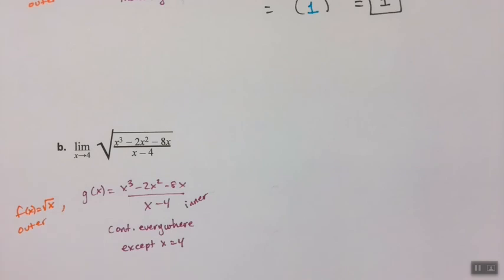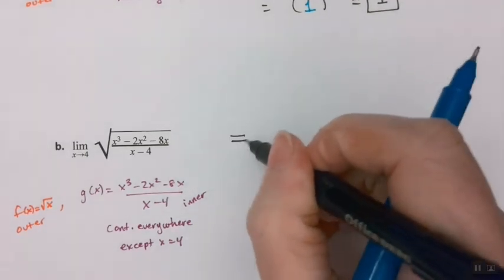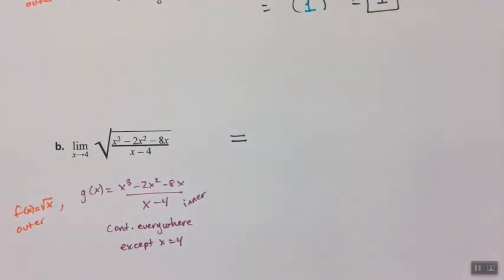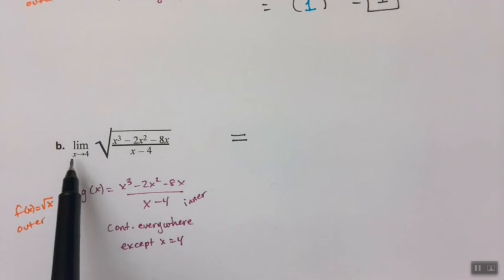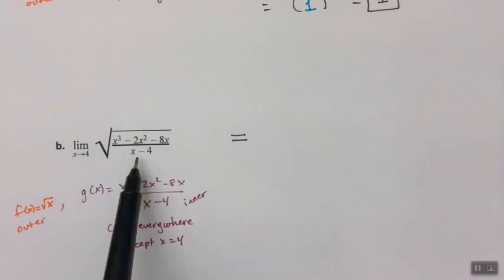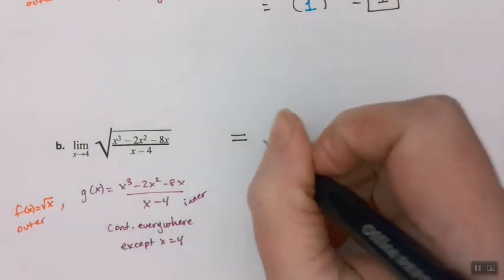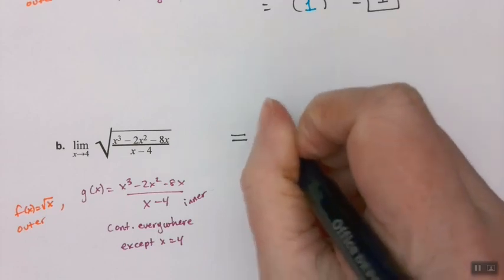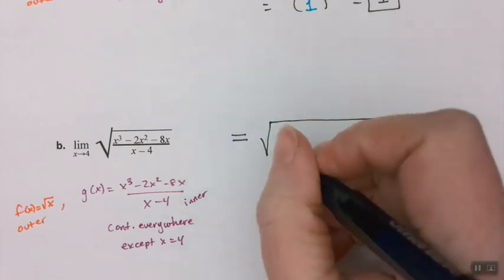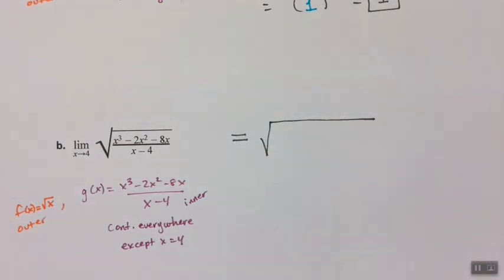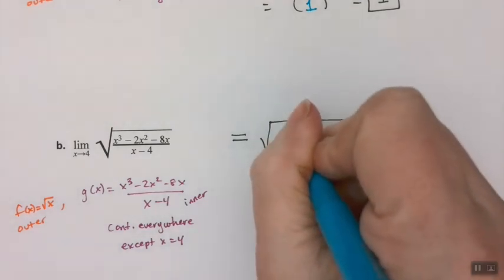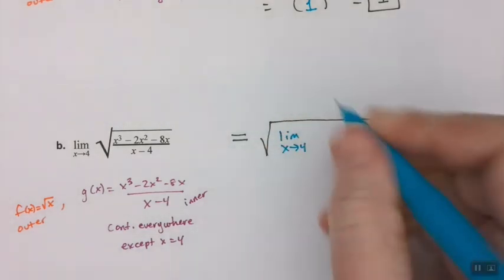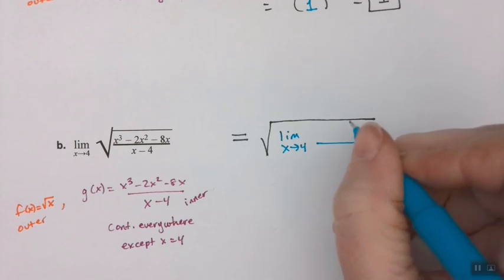So according to our theorem, instead of taking the limit as x goes to 4 of f of g of x, I can take the square root, there's my outer function, of the limit as x goes to 4 of my inner function.